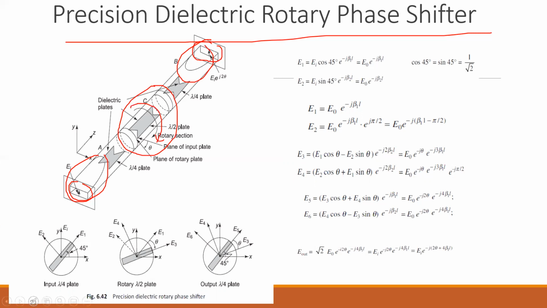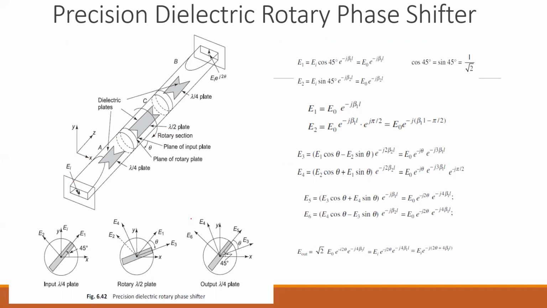One rotation will introduce around lambda by 2; one rotation is equivalent to lambda by 2 implementation. So that is what you can look forward to over here. Now here there is a transition wherein rectangular is getting connected to circular and circular to rectangular, which gives the transitions.